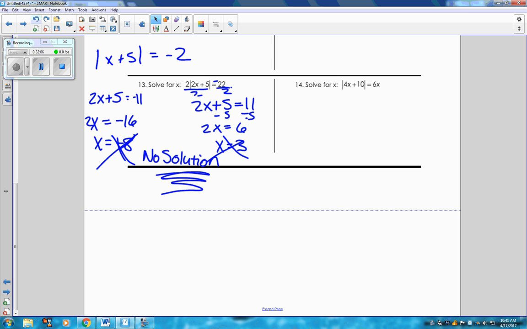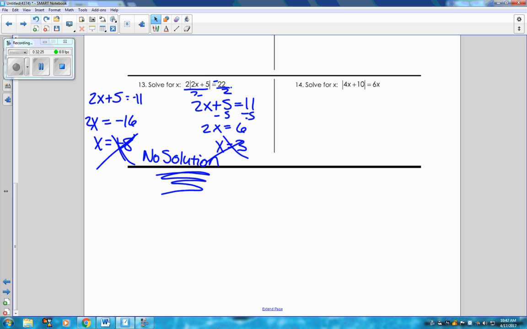So anytime you have a positive absolute value equal to a negative number, you will always have no solution. Because anytime you take the absolute value of a negative number, what do you get? Can a positive ever equal a negative? No.